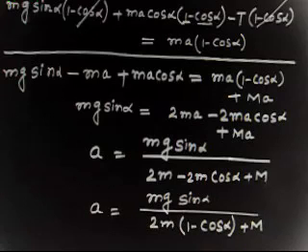And if I have assumed that the acceleration of the rod is A with respect to the base, then I have to apply a pseudo force on the rod, because the base itself is a non-inertial frame, moving right with acceleration A. Anything that is moving with acceleration becomes a non-inertial frame. And if you want to take an acceleration with respect to that non-inertial frame, then you have to apply a pseudo force. And that we have done.